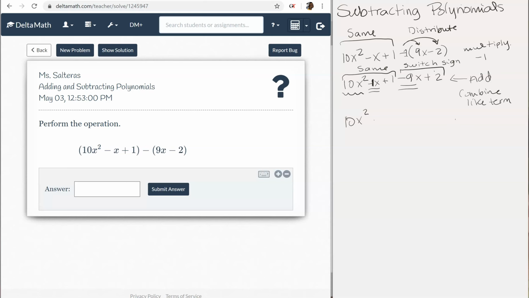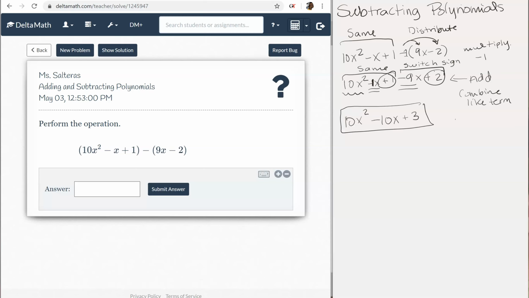There's a -1 and then -9. So that gives us a -10. That x just comes along for the ride, all right? We don't add anything to it. We don't add exponents. The x just comes along for the ride. And then last but not least, we have a +1 and a +2. That gives us a +3. And that is going to be our final answer.